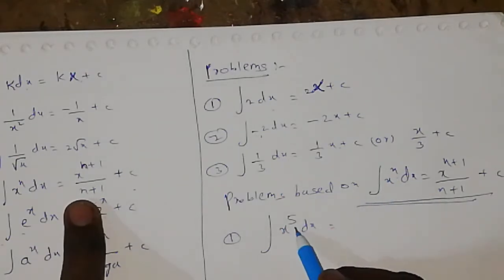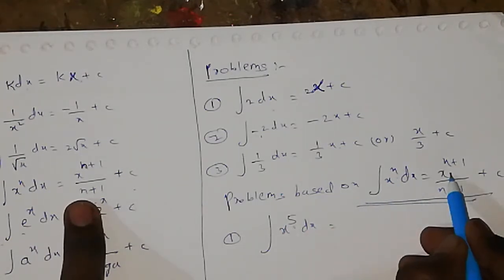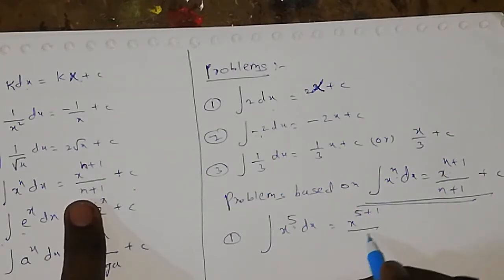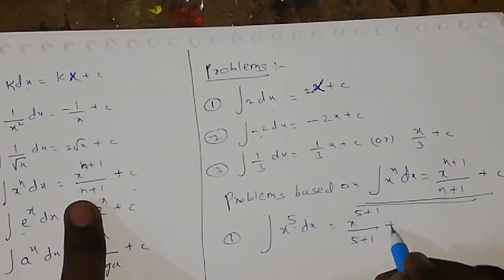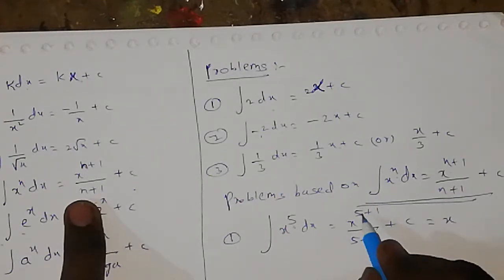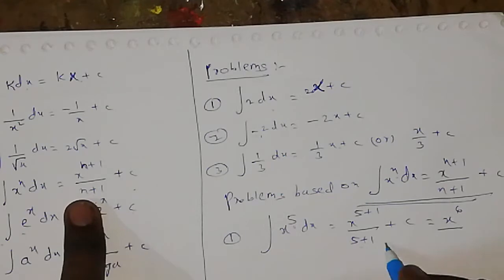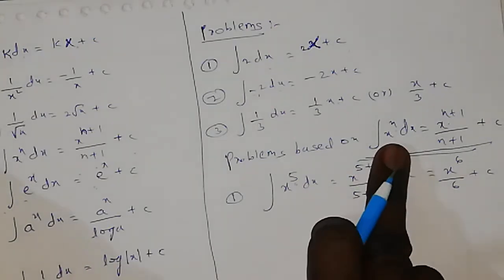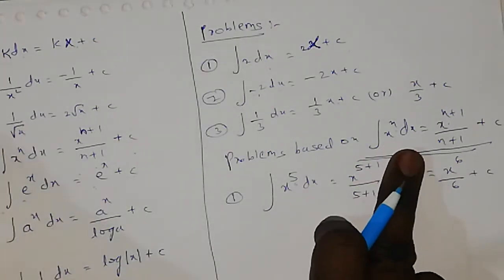Here n refers to 5. Applying this formula, it becomes x power 5 plus 1 by 5 plus 1 plus c. By simplification, we get x power 6 by 6. Like this we can find.